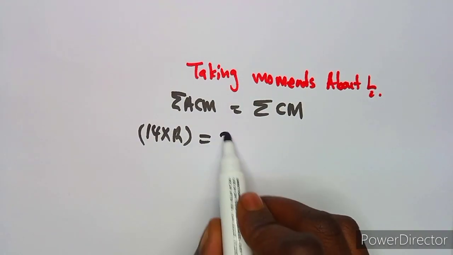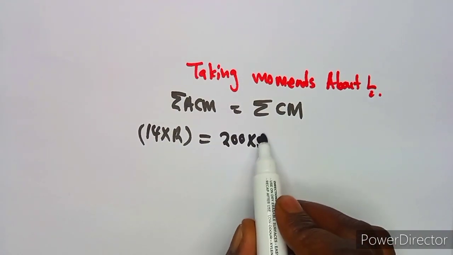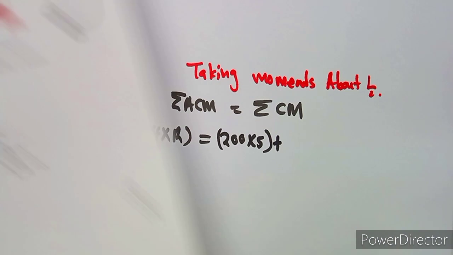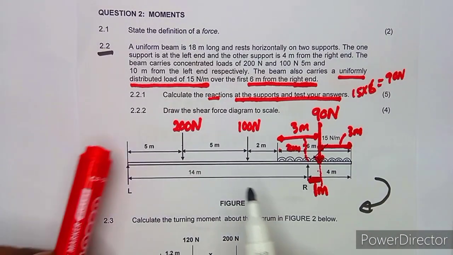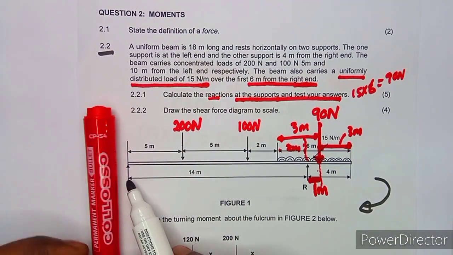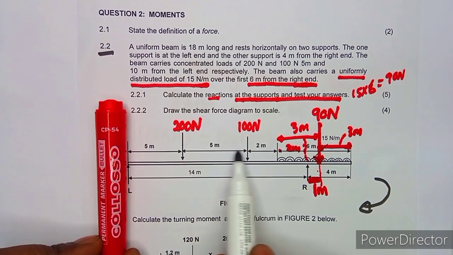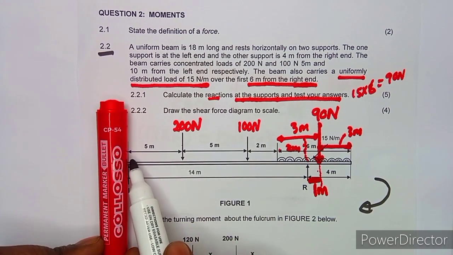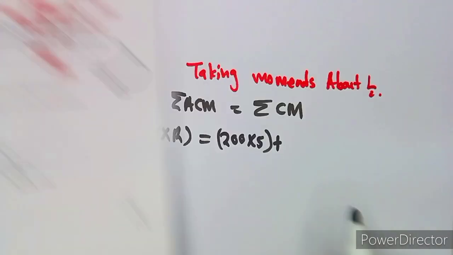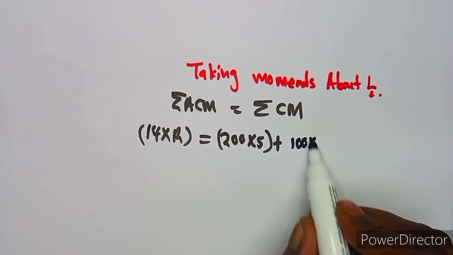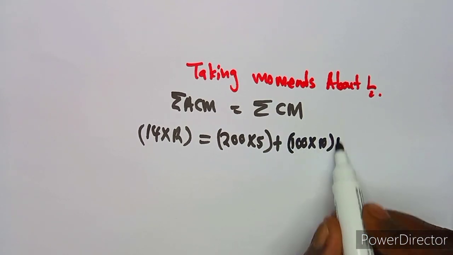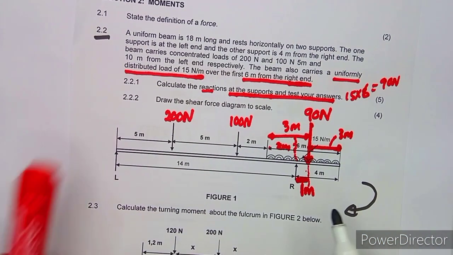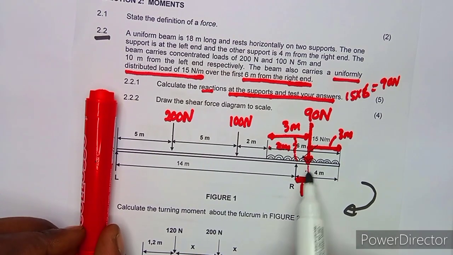That's 200 by 5, plus we move on to this one. It's actually 100 back to L. This is your L, so it's 100 back to L. As you can see, it's 5 plus 5, which is 10. So it's 100 by 10, plus we move on to this one here, 90.